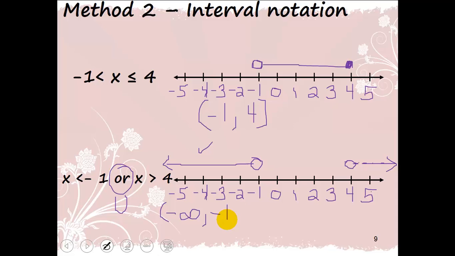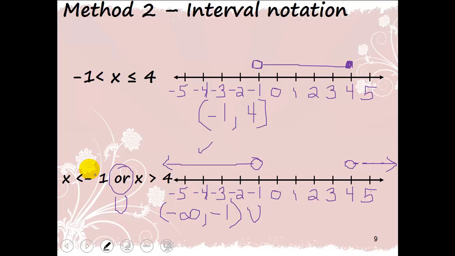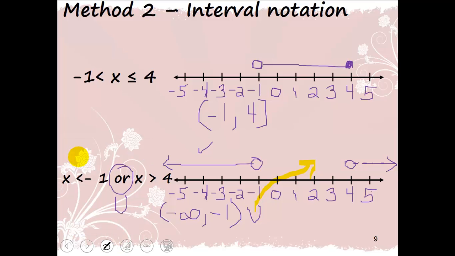That's an exclusive symbol, so we're going to use a parenthesis. And then we're going to use a union. The union represents this blank spot right here. It says we're going to skip a whole bunch and then we're going to pick up some more. In this case, my 4 isn't closed, so I have a parenthesis. If that had been with an equal sign, we would have picked up a bracket. So that would be 4 to positive infinity.